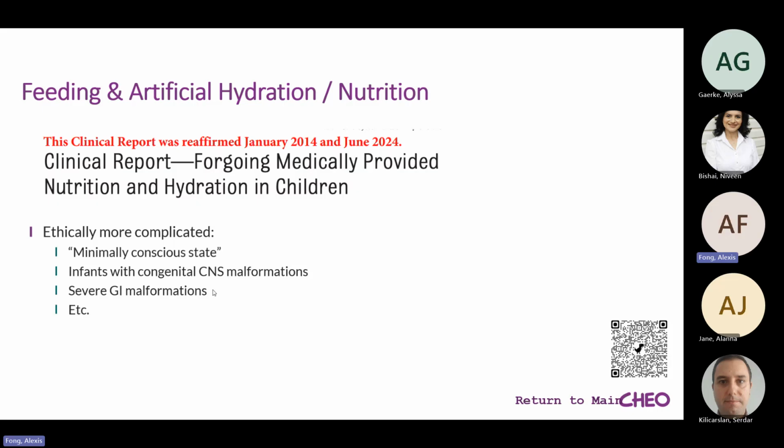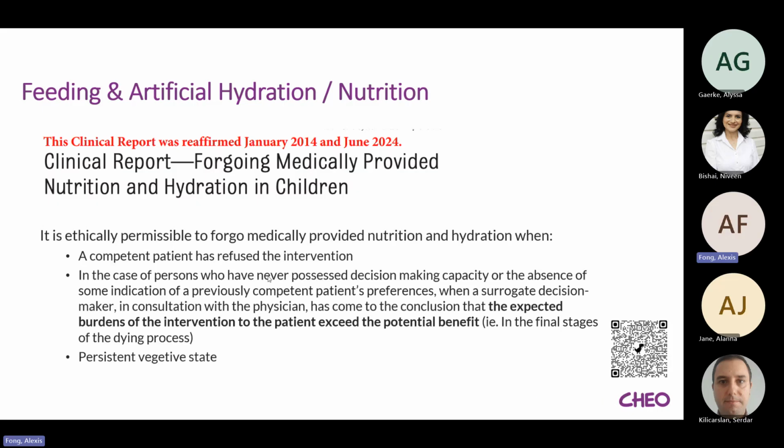Also infants with congenital CNS malformations like anencephaly, severe GI malformations, etc. We won't cover all of them, but the biggest takeaways for it being ethically permissible to remove medically provided nutrition and hydration, which is a medical intervention, are: when the patient refuses, when the risks outweigh the benefits, and persistent vegetative state.